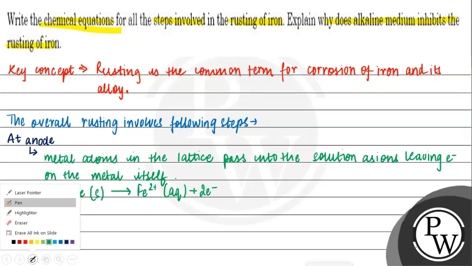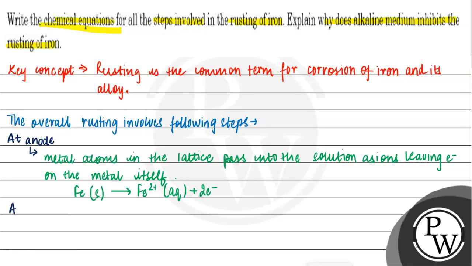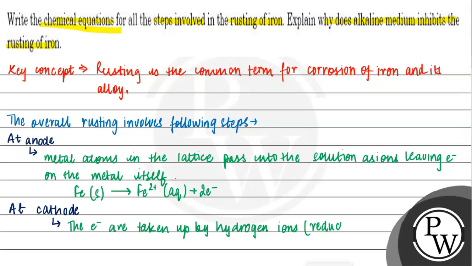अब हम कैथोड की बात करते हैं. At cathode, the electrons are taken up by hydrogen ions. Reduction takes place at cathode.